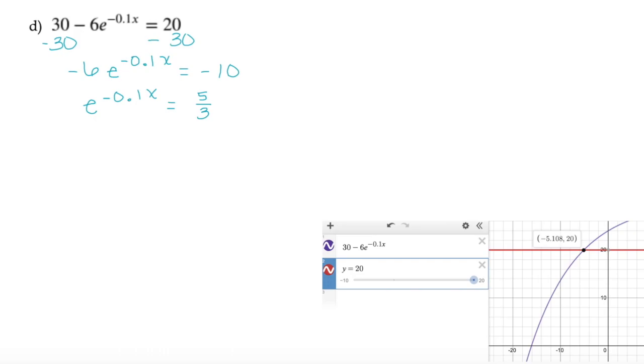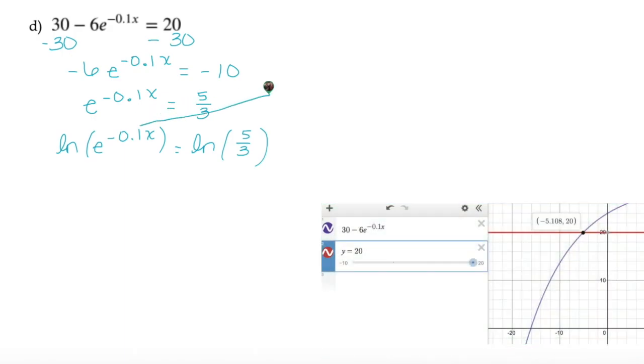When I now take the natural log of both sides, here we go. I need you to remember from lesson 6.2 properties of the natural log. I'm just going to put a little note here. Remember, the natural log is the same thing as saying log base e.